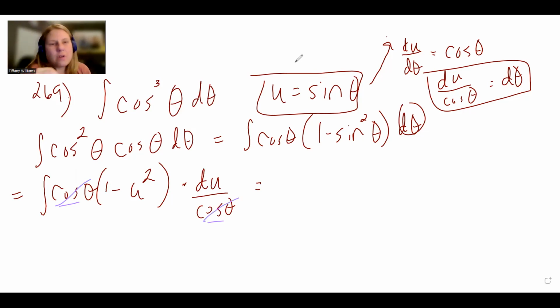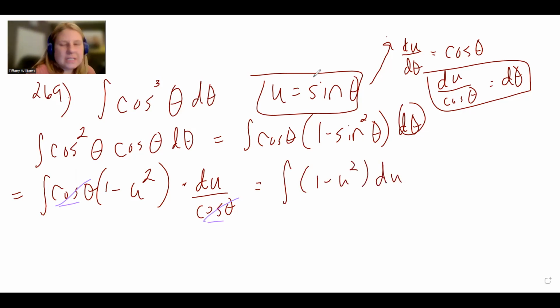If you've still got a product in here when you're trying to integrate, you've kind of got an issue. Unless you can do it by the power rule, we don't have a product rule for integrals. So you always want to work in the format of power rules. Now I've got the integral of 1 minus u squared du, and that's pretty easy to integrate.